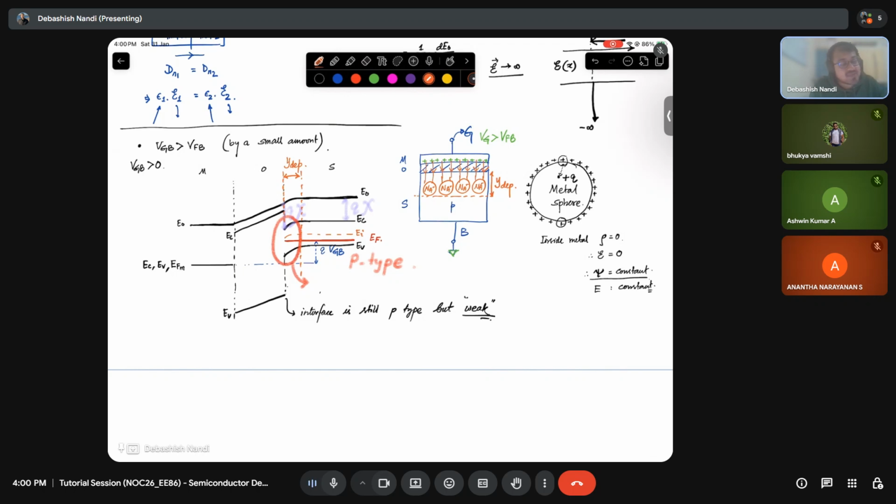Why will the bands bend? Why cannot the bands be flat? If the band is flat, that means my potential is also constant. That means my electric field is zero. But you can see that electric field lines are reaching till Y depth, right? So bands have to bend. Are you able to visualize?